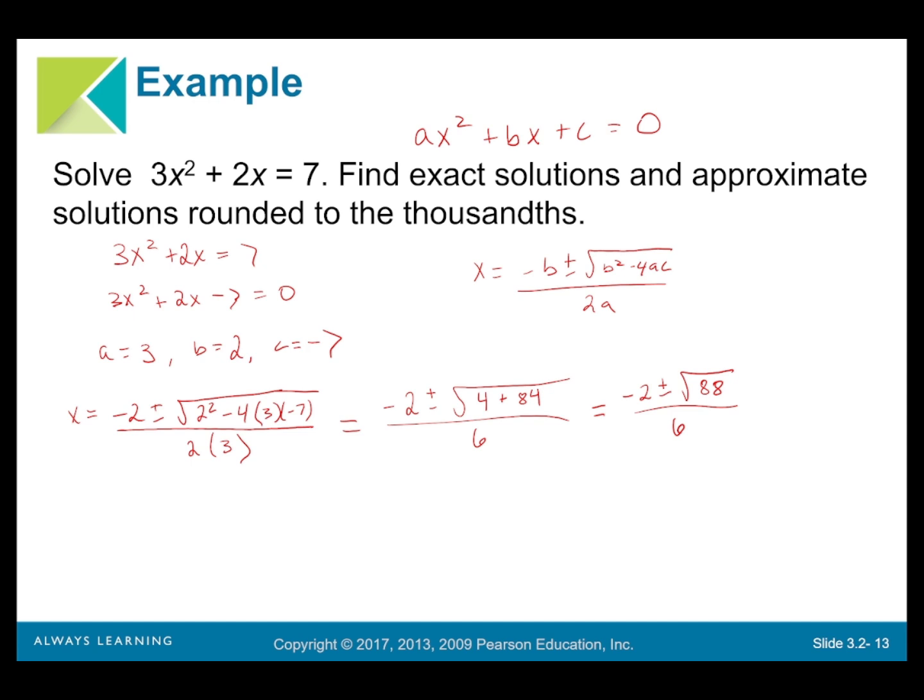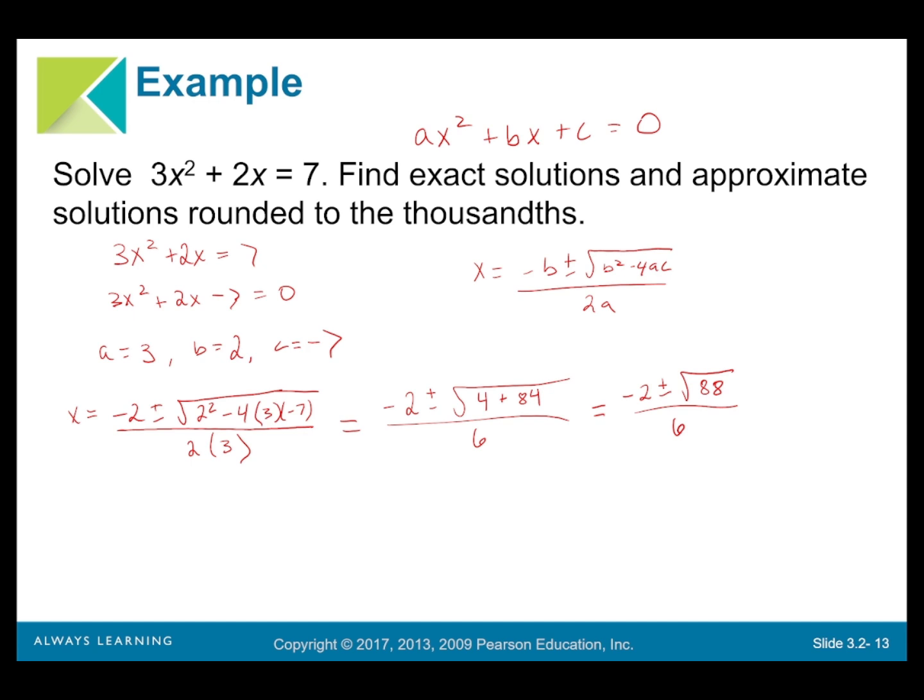And let's see, is 88 reducible? 88 is not divisible by 9. It's not divisible by 16, 25, 36, 49. What's next? 64? No. So 88 is not reducible. Just thinking through those kind of squares ideas that we covered in the worksheet.